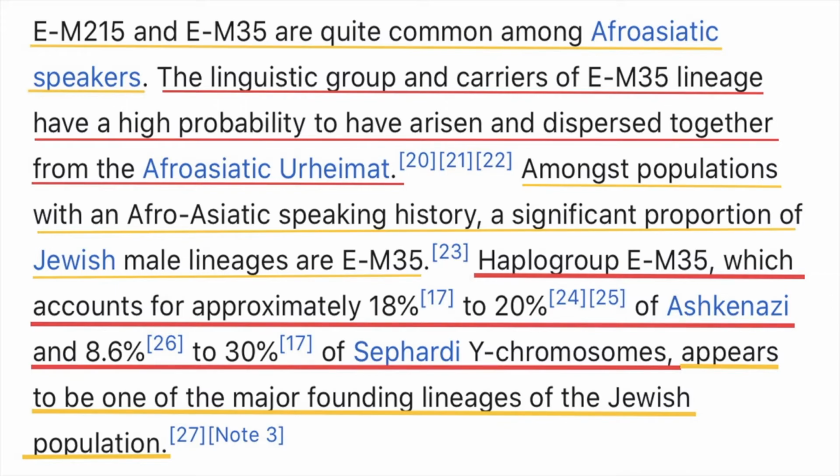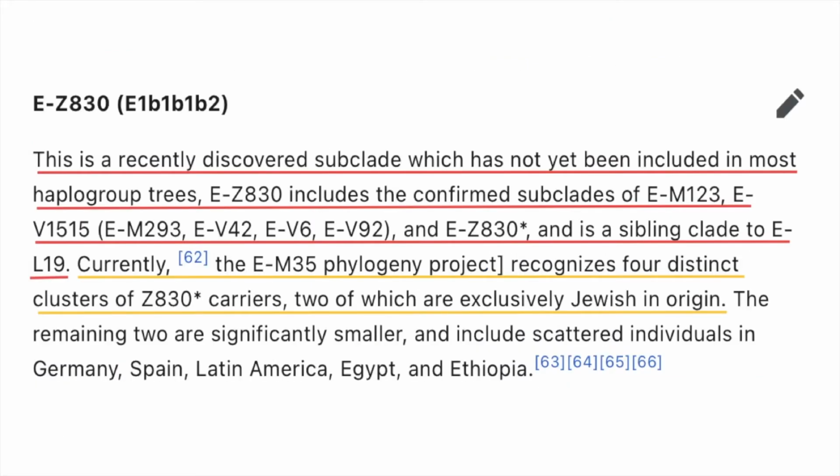And that's very powerful. Haplogroup E may be one of the major founding lineages of Jewish people. Furthermore, this E-Z830, this is a recent discovery subclade which has not yet been included in most haplogroup trees.